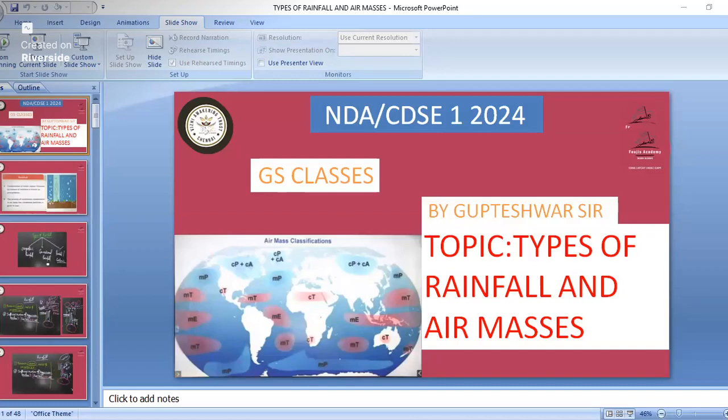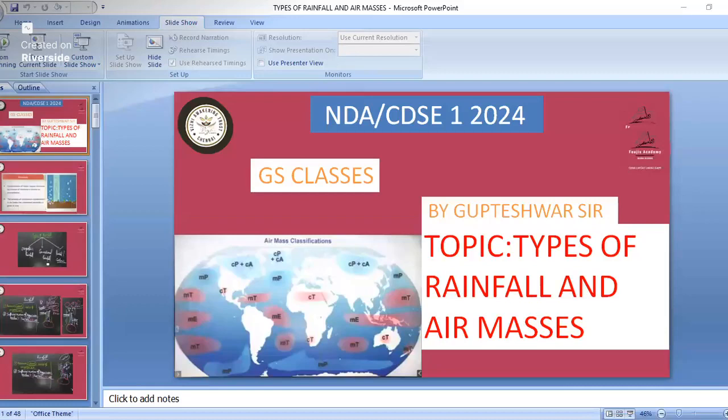And there should be homogeneity, which we studied. If we go to the ocean area also, there must be a homogeneous land or oceanic area. Then there should be no convergence of air.